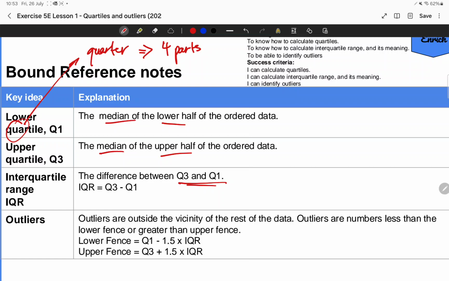When you look at the data, it'll probably be the majority or the big chunk of the middle of the data. And then lastly, we have the outliers. If there are numbers that are outside of the majority of the data, then they are going to be the outliers.